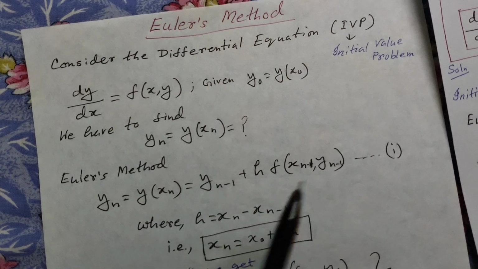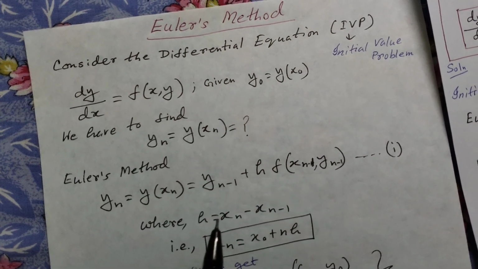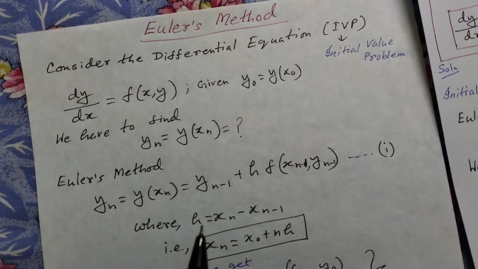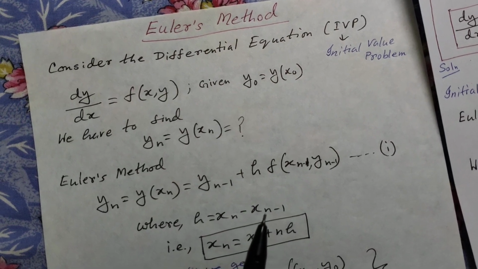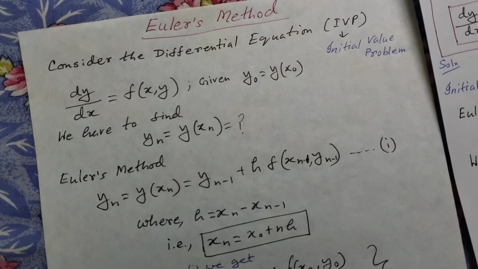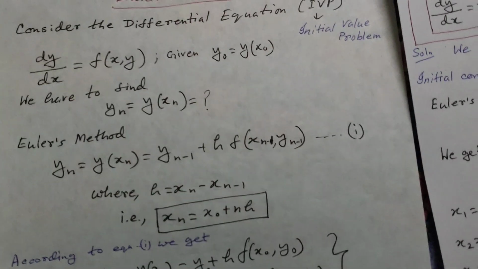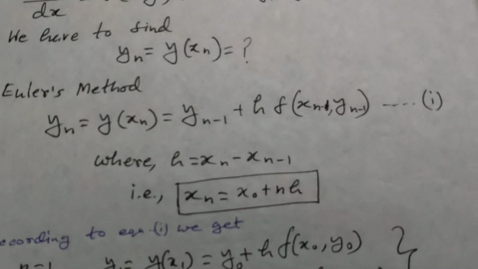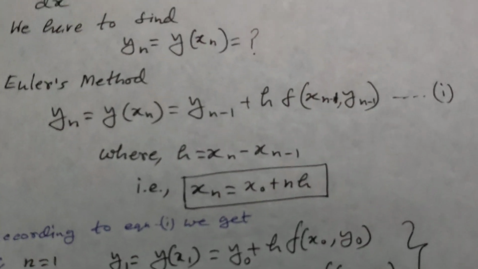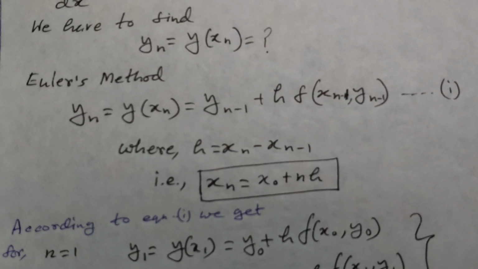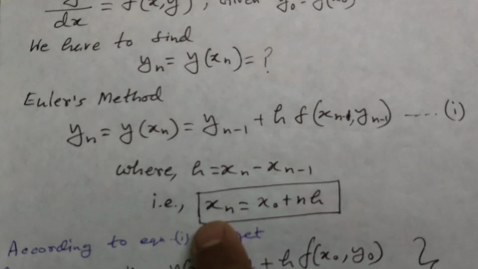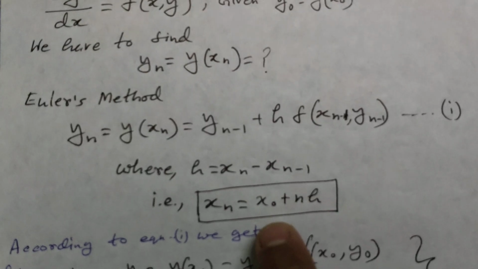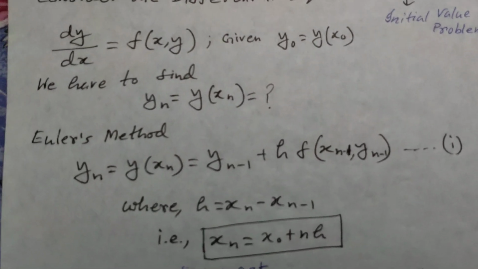This is Euler's method, where h = xn - x(n-1), that is the difference between two consecutive instances of x, right? So from here we can say xn = x0 + nh.